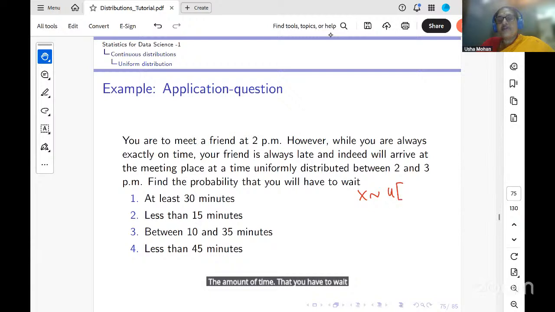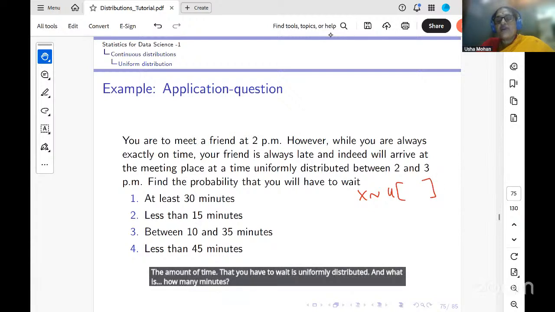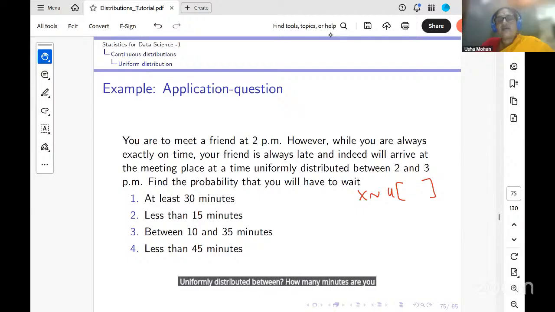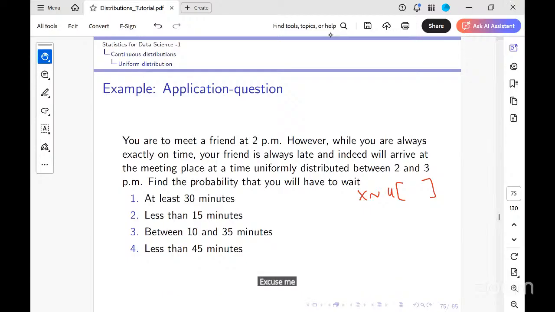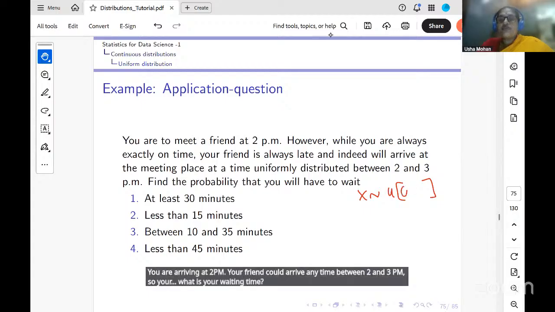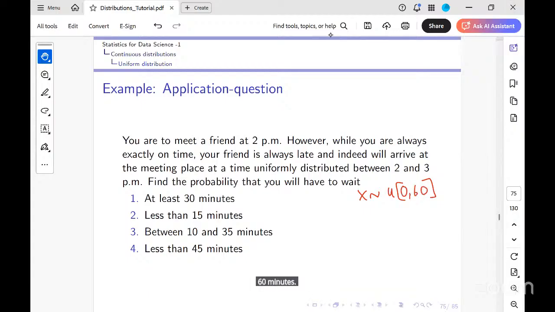Your friend could arrive anytime between 2 and 3 p.m., so your waiting time is uniformly distributed between 0 and 60 minutes. Is that clear?